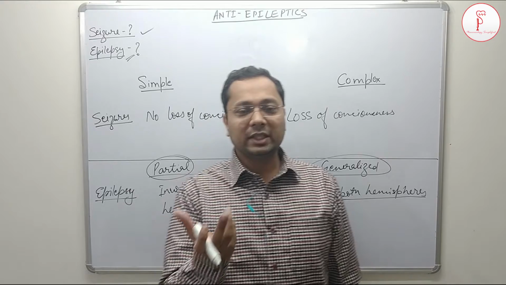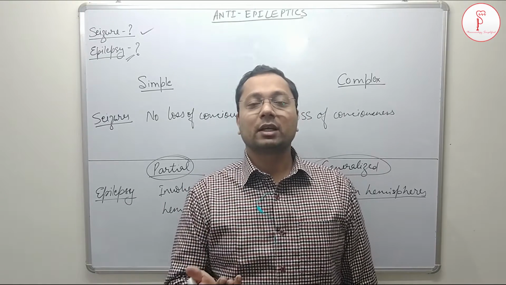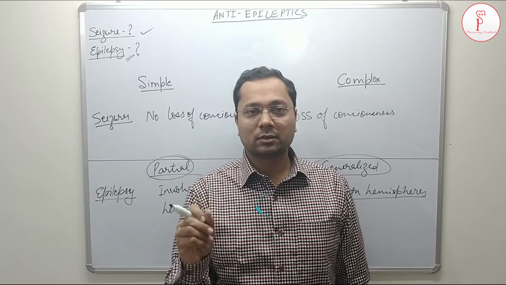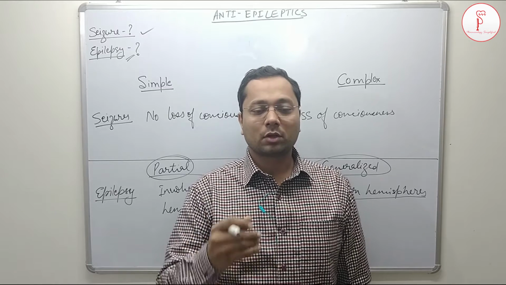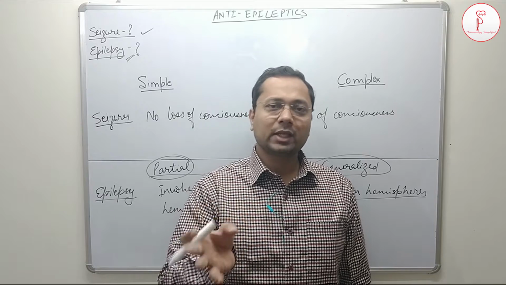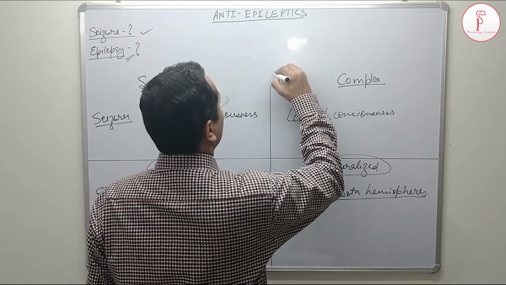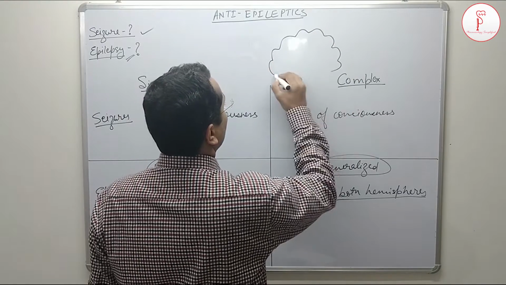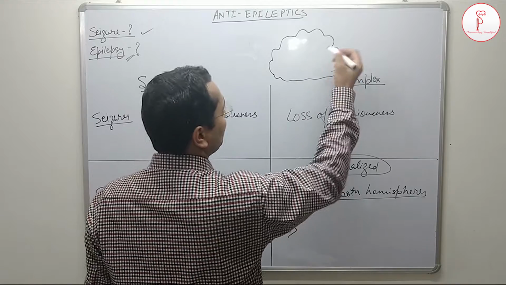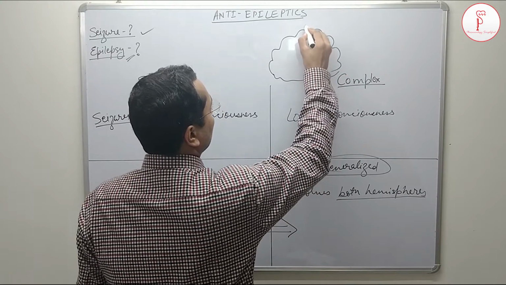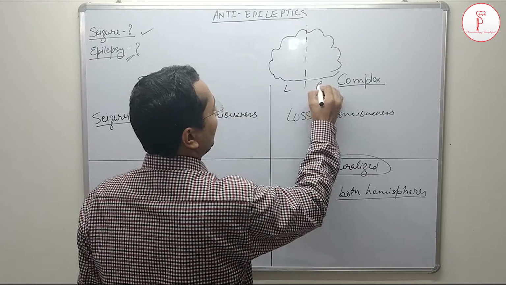Like, the electrical activity was initiated in one hemisphere, it was localized, but over a period of time it involves both hemispheres of the brain, right? So, for example, let us consider this is the brain, a cut-away diagram. Let's say we have separated it into two hemispheres, left and right.